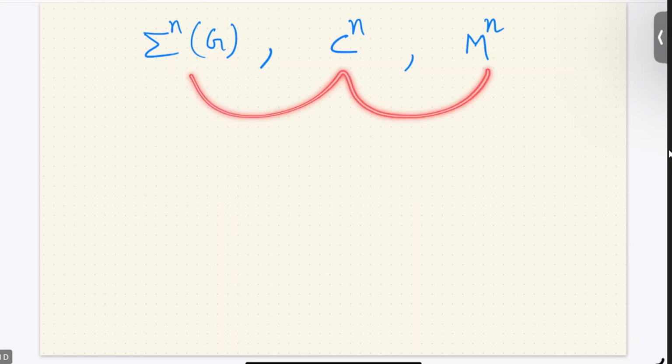What are all these? This is the neural nets.